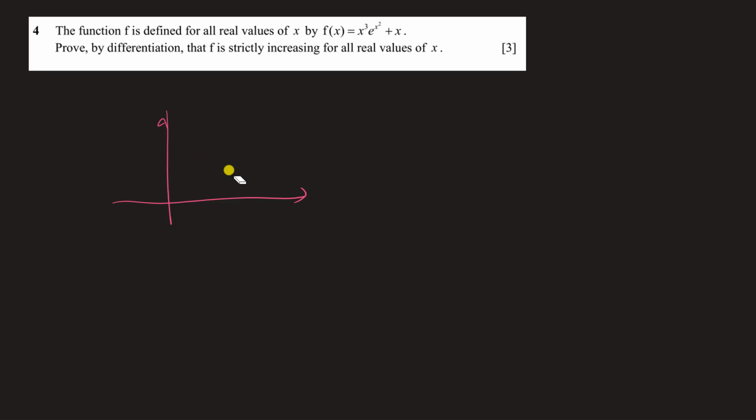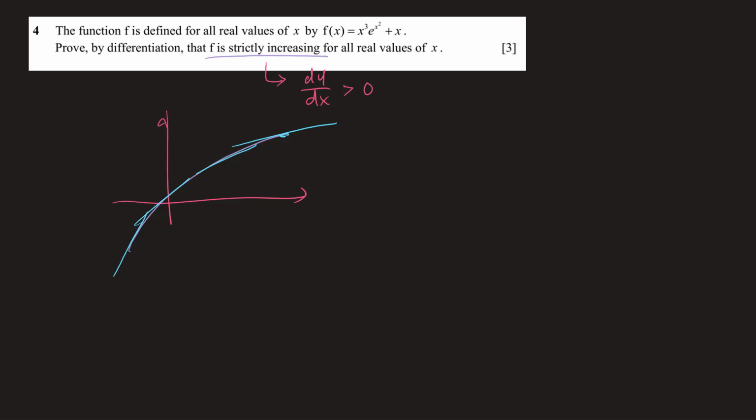So what are they trying to say here when they say f is strictly increasing? What's so special about this kind of graph? Notice that the gradient is always positive. No matter how I draw the tangent line, the tangent is always positive. So in other words, this translates to dy/dx is positive.